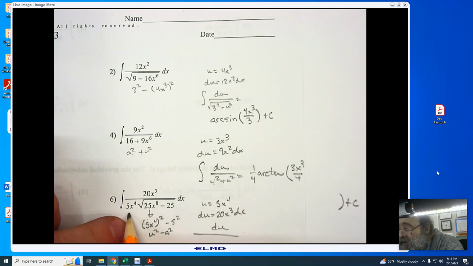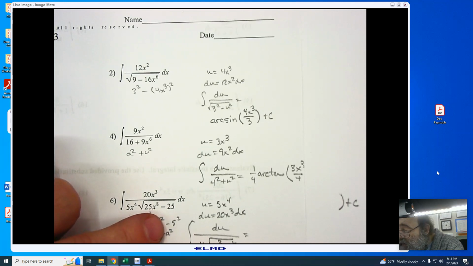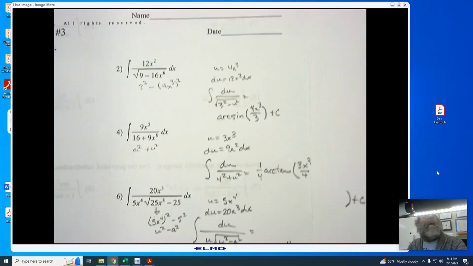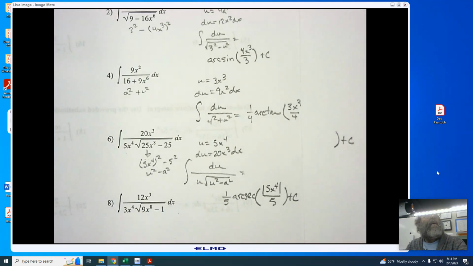We have our u sitting in front, square root of u squared minus a squared, and this is our arc secant. We're going to have 1 over 5 times the arc secant. Now be careful, we need the absolute value in the numerator, 5x to the 4th divided by 5, plus c. And there is our answer to number 6.